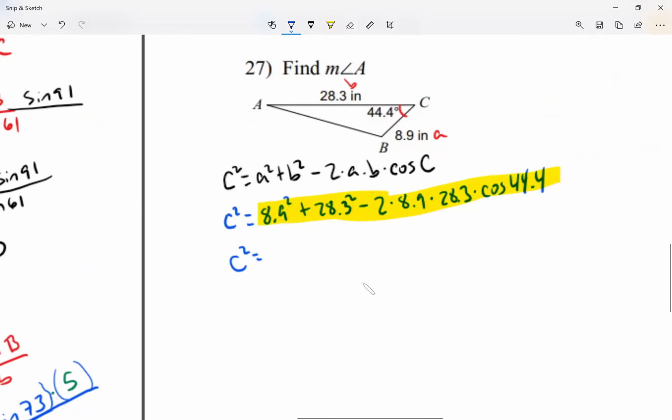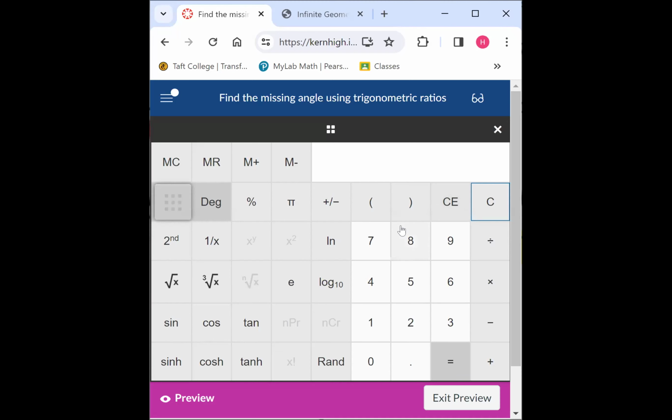So let's see. Let me grab my calculator here. So I have everything clear.